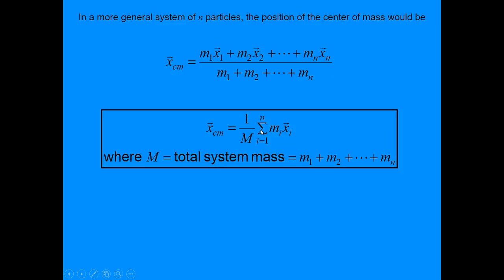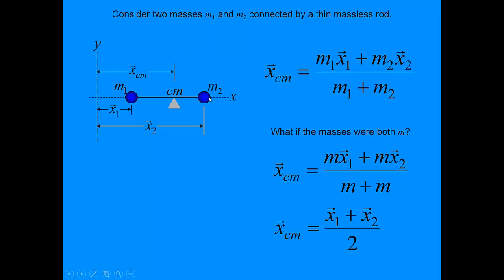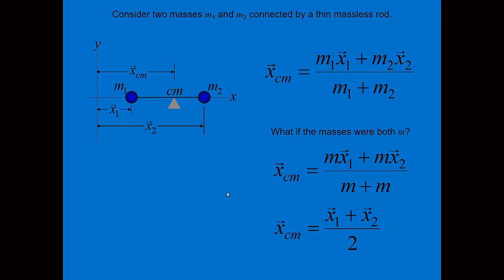Now, technically it's a vector sum because this x is a vector, it's a position. So it could be positive or negative. It depends on where we put our coordinate system. Although, make your life easy if you get to choose, try to make it a positive coordinate system. But I could have gone back and made M2 at 0. Then M1 would be at a negative position, because it's to the left of 0.